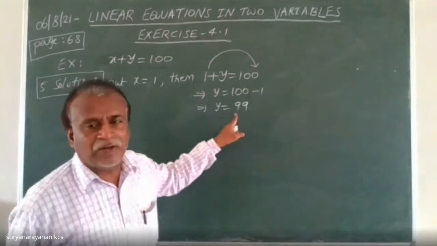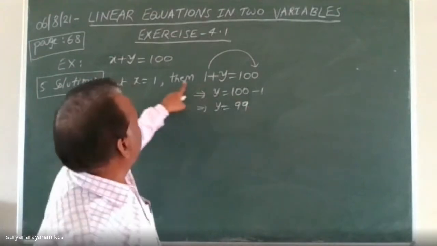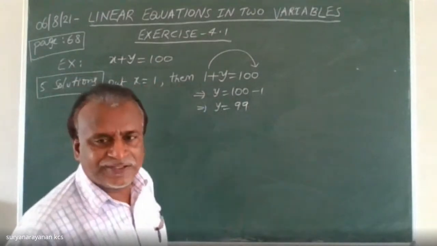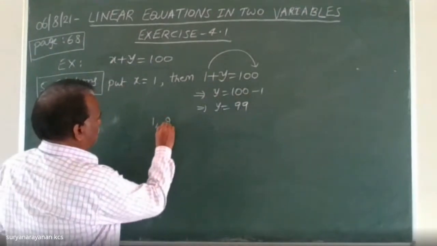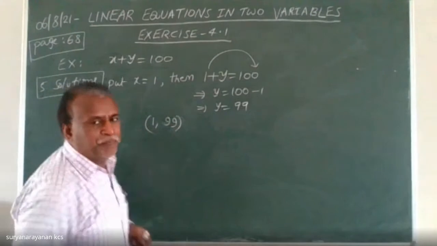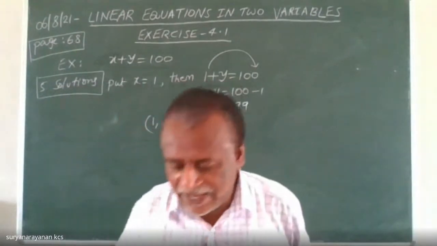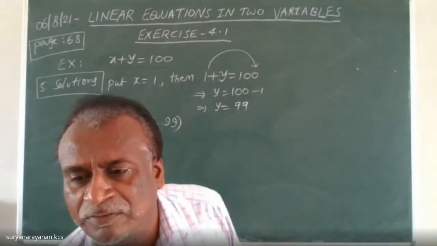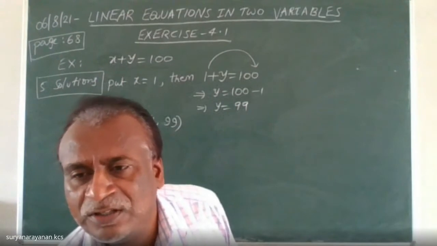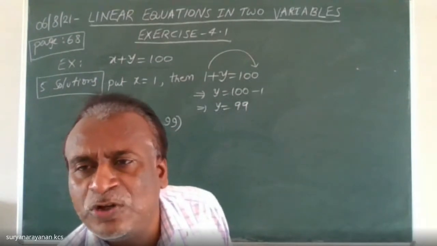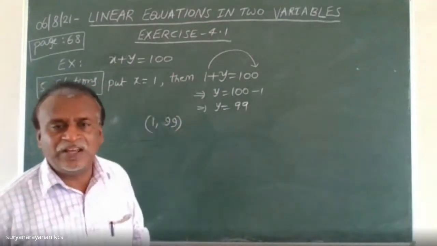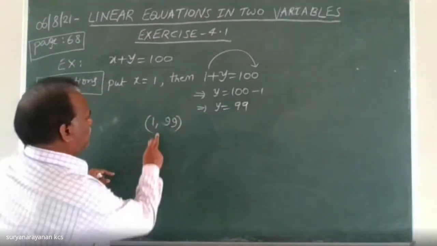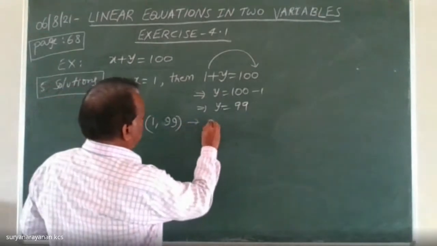So here we got the y value is 99 when x is equal to 1. Yes or no? So we represent this solution as an ordered pair. This is a solution for the given equation.